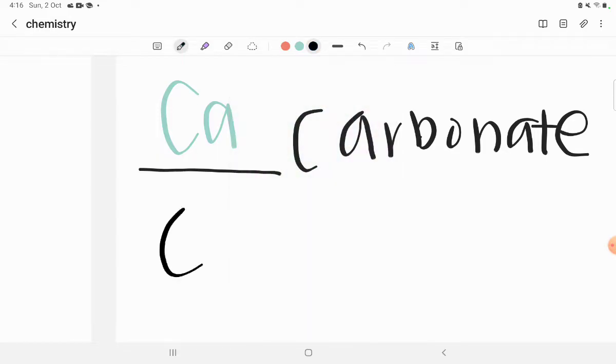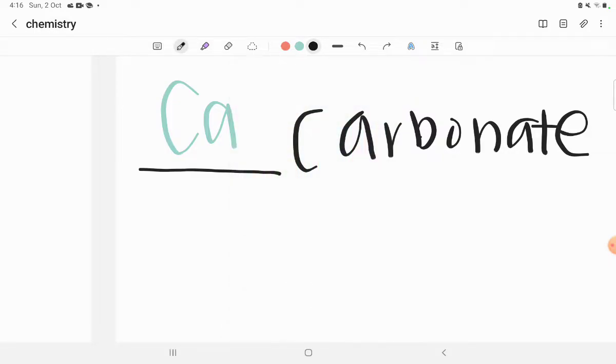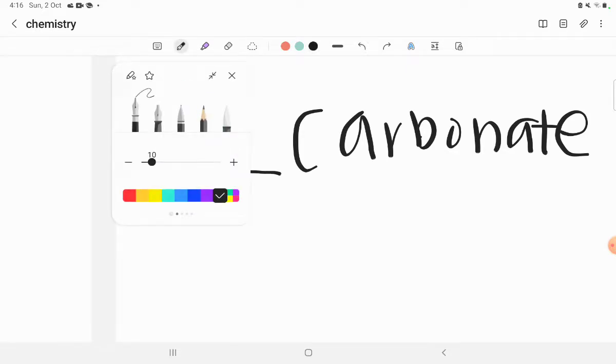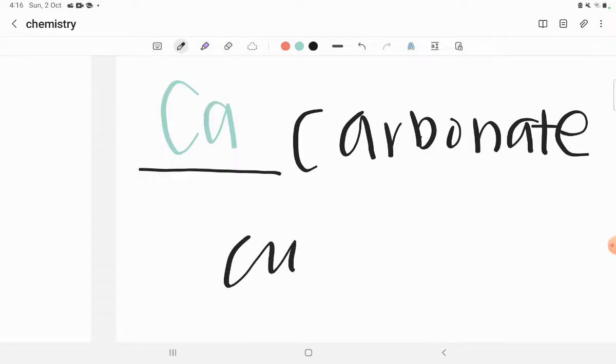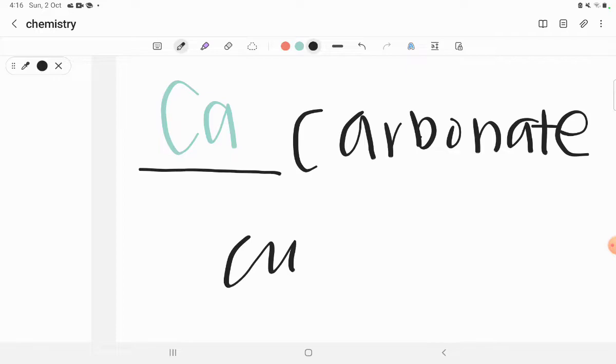Is that the same color? No, that's a bit darker. Okay, let's try this. Is that the same color? Yes. Wait, is it? No, that's not the same color. Let's try the swatch, the color picker.